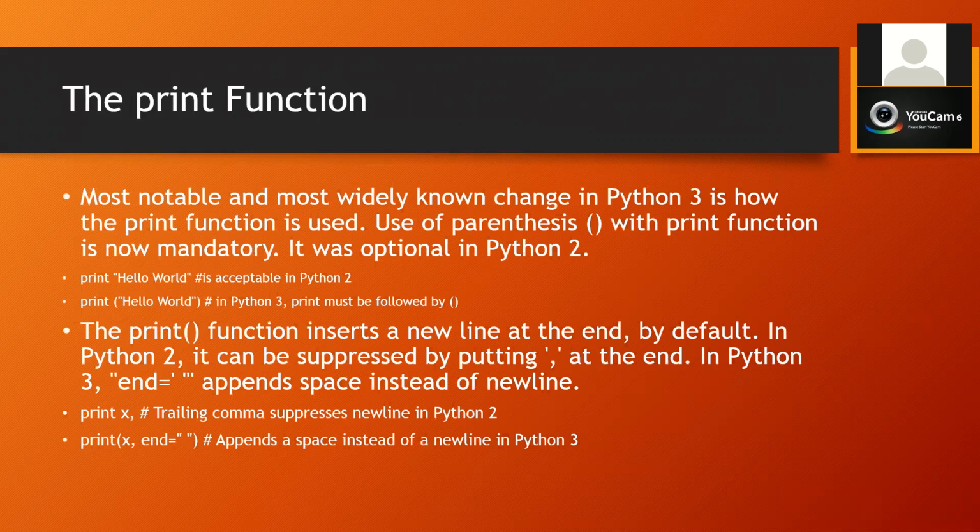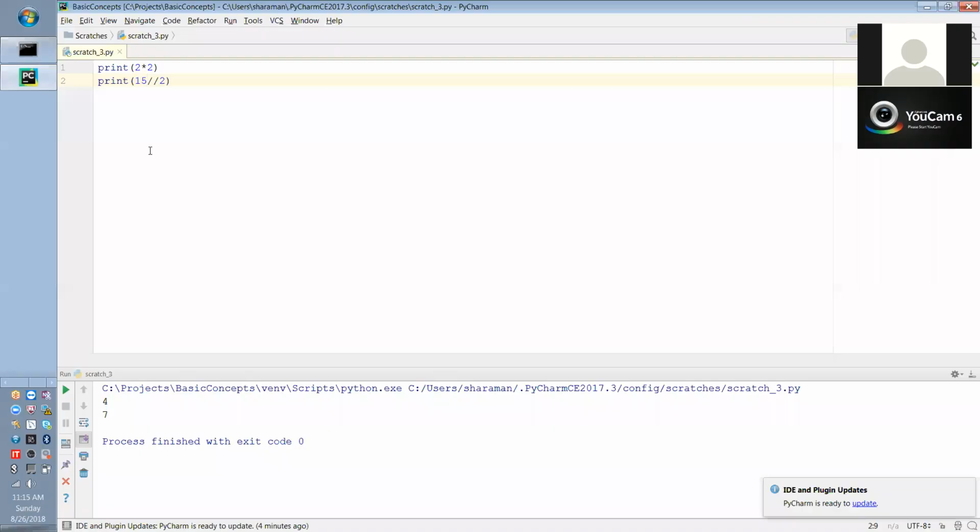First is the print statement. As you have seen, in print I write the brackets and anything inside, and it will print it. But in 2.x version, it was print with double quotes.